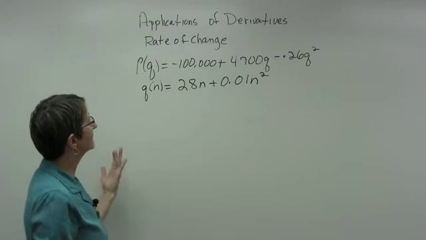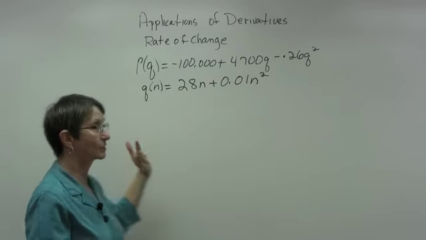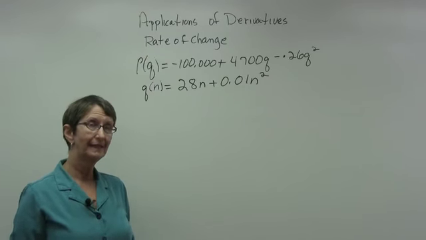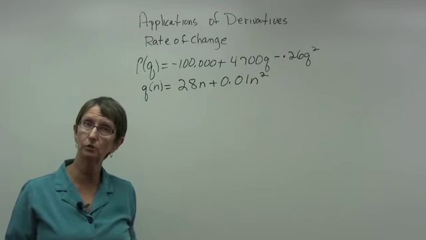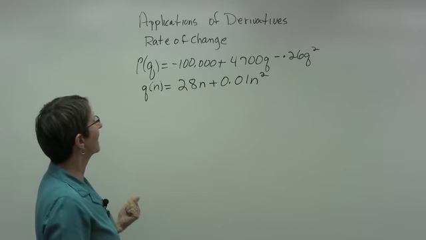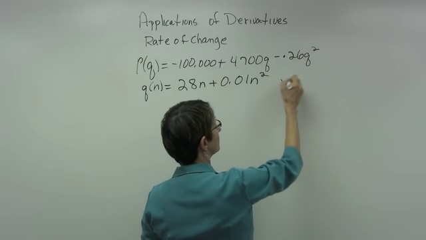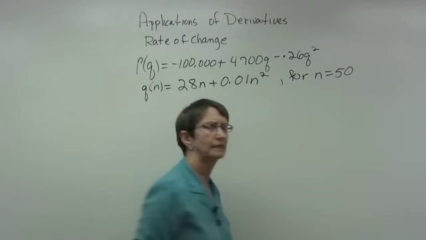And we're asked to find how fast our profit is changing when there are 50 employees. So when it says how fast is something changing, that's a rate of change, that's a derivative. So we're looking to find the derivative, the rate of change, for n equal to 50.